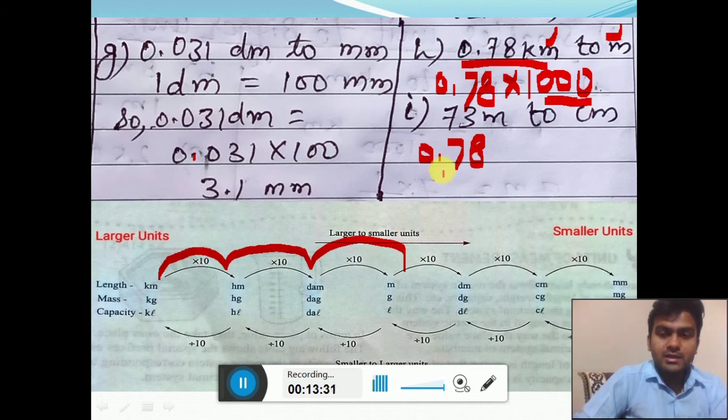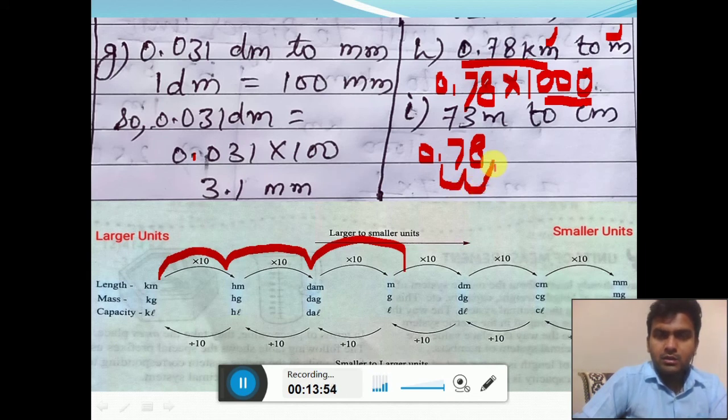In exercise 3a we have learned, when we multiply a number by 10, 100 or 1000, we move the decimal point the number of places equal to the number of 0s after 1. So how many 0s after 1? 3 0s. So move this decimal point 3 places, 1 place, 2 place.